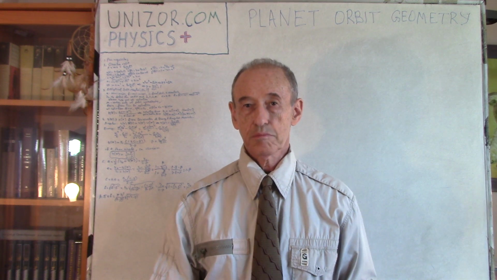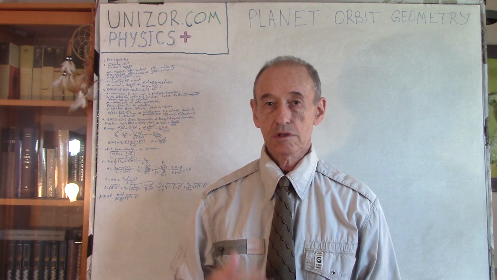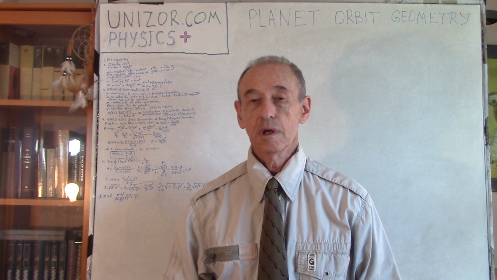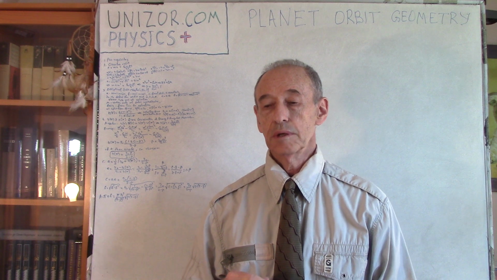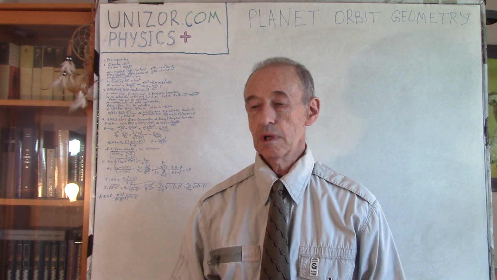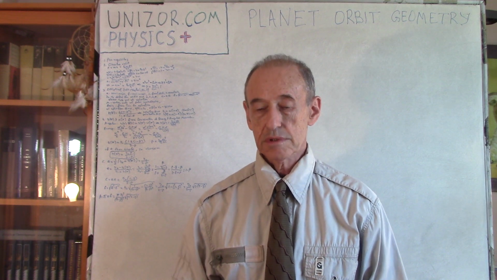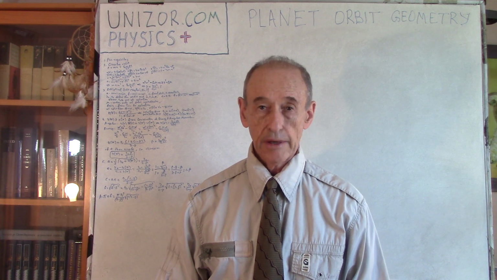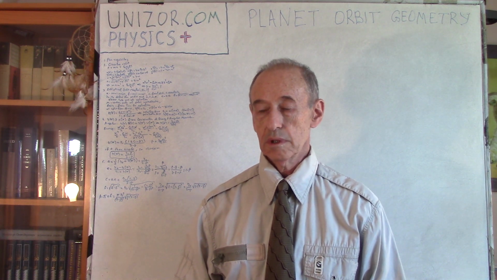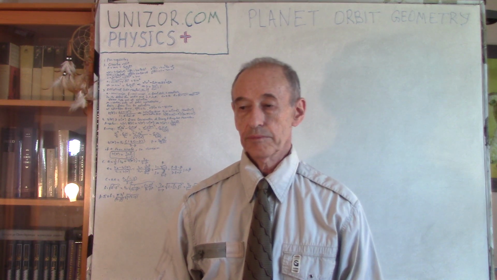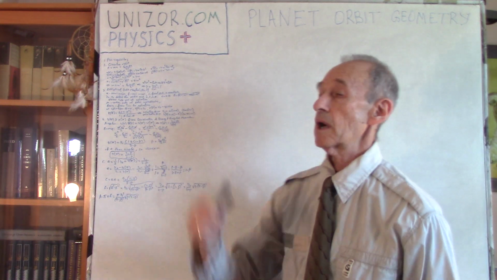This lecture is not just by itself, it's a continuation of many lectures preceding this, where I was talking about Kepler's laws, about certain properties of ellipse, etc. Now, every lecture in this course has notes, and they're all presented on unizor.com.